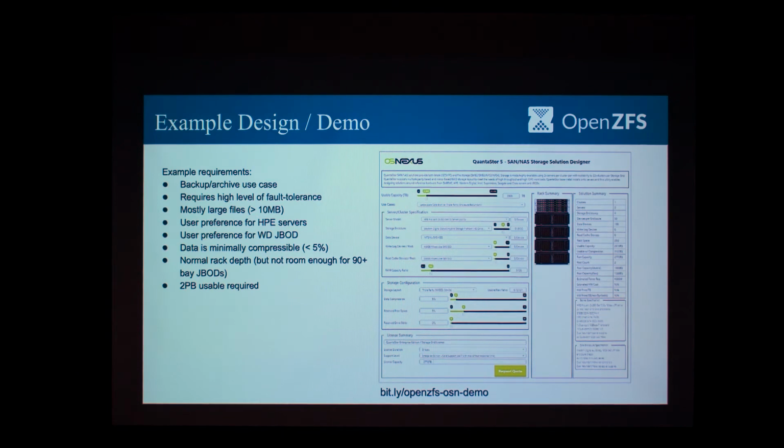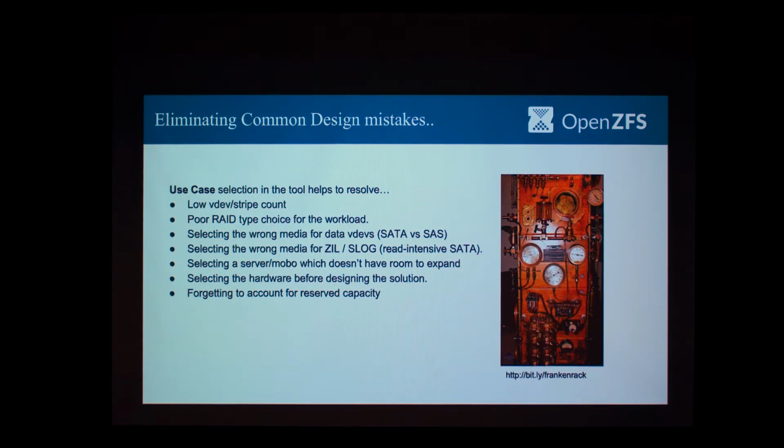Cool. So, futures for this. Well, before that, the tool really helps eliminate a lot of these Franken builds. It's terrible when you see someone using a consumer grade SSD for just about anything, and it's unfortunate sometimes where in HA configurations, of course, everything's got to be SAS, and you want it to be SAS anyways.